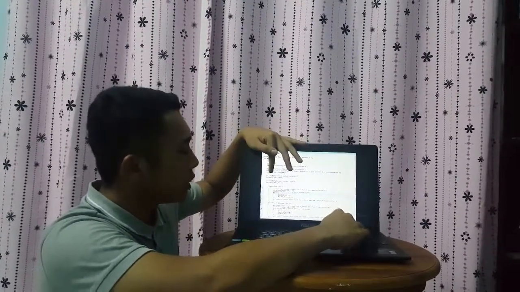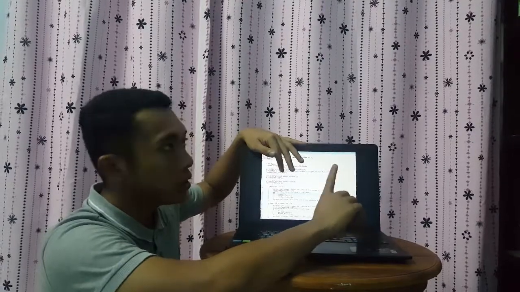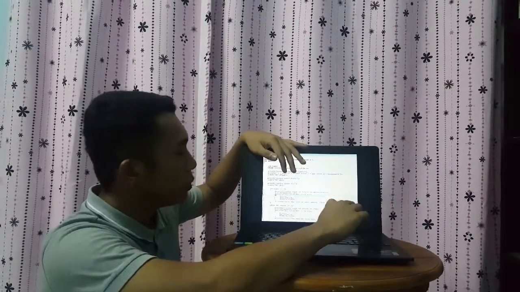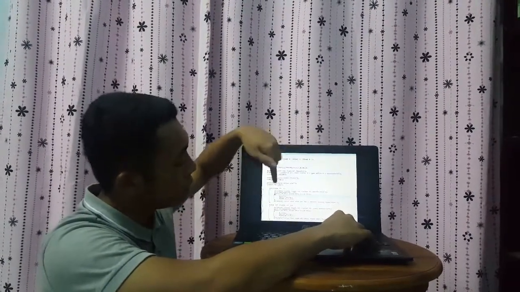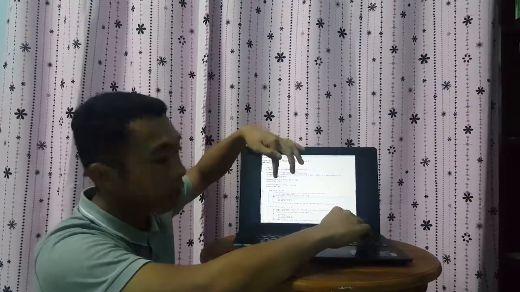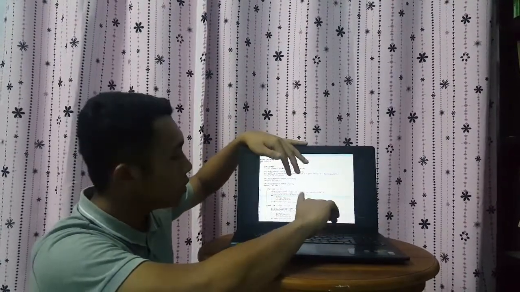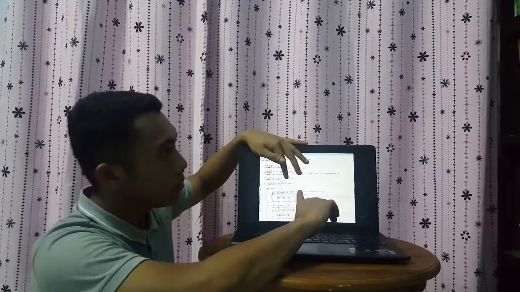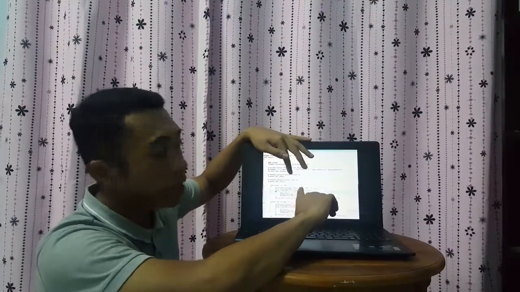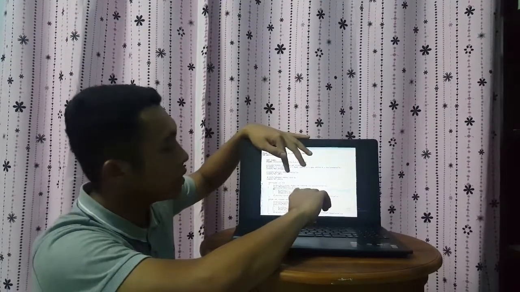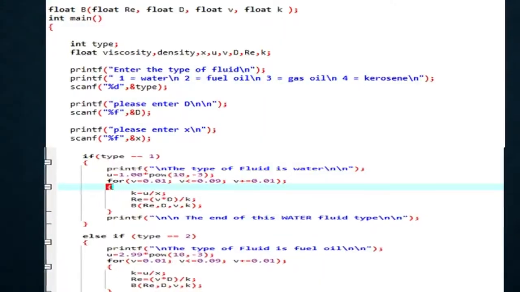And for the flowchart, we use the for loop. So we state it in programming: V equal to 0.01, V less than or equal to 0.09, and V plus 0.01.